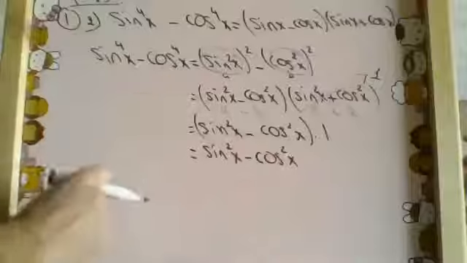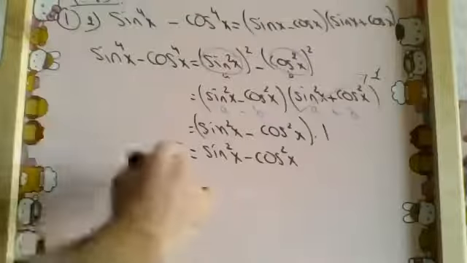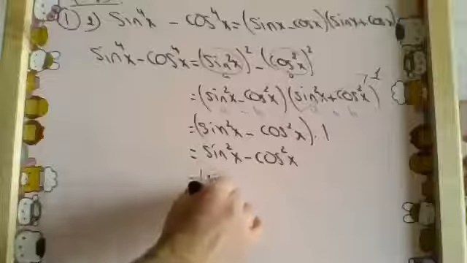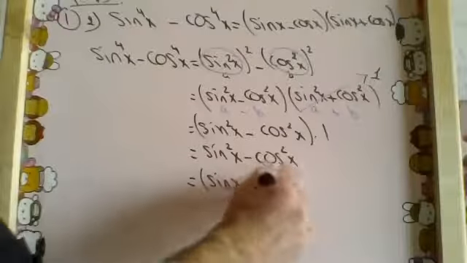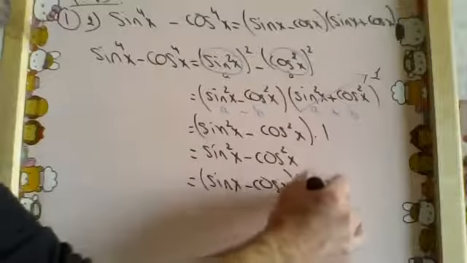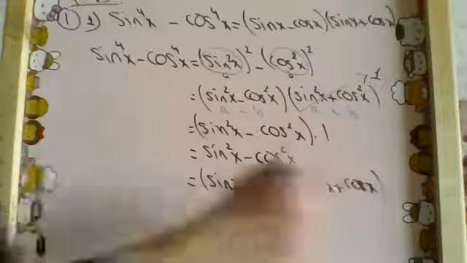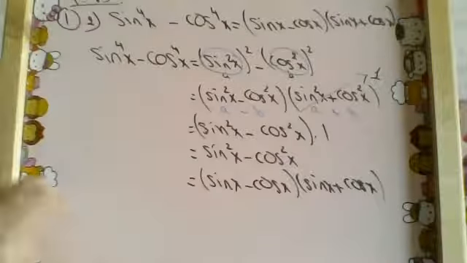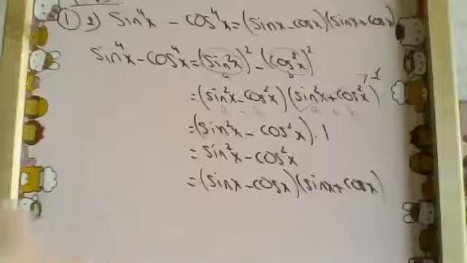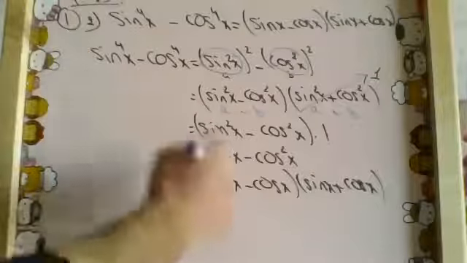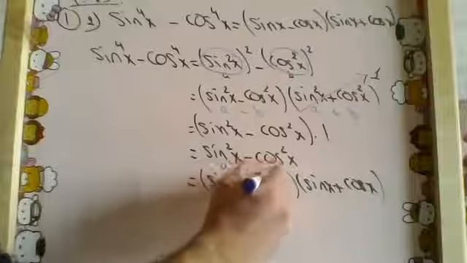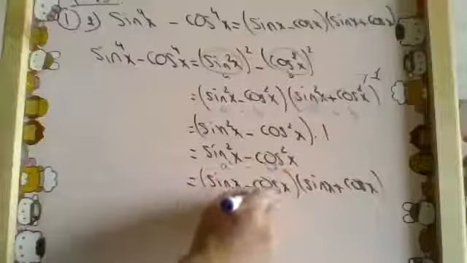Again apply the identity a squared minus b squared, a minus b into a plus b, so sine x minus cosine x into sine x plus cosine x.